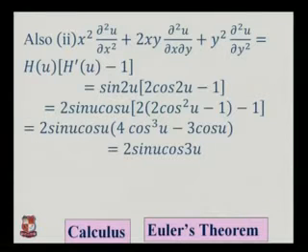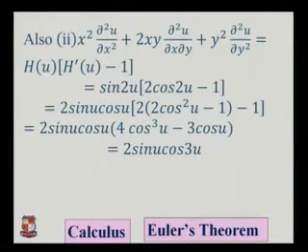So we have x square del square u by del x square plus 2xy del square u by del x del y plus y square del square u by del y square is equal to g of u into g dash u minus 1. So g is equal to sine 2u, and the derivative of that is 2 cos 2u, minus 1.